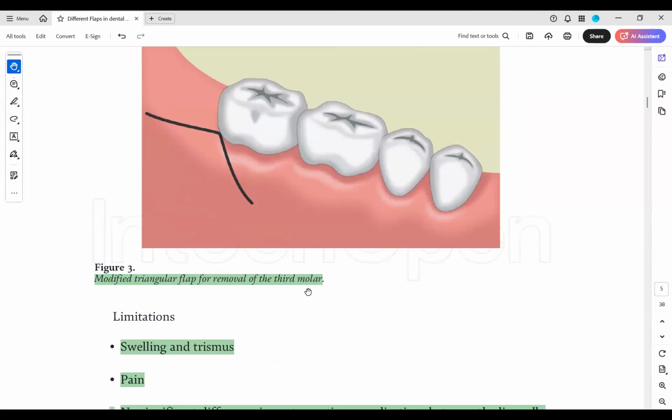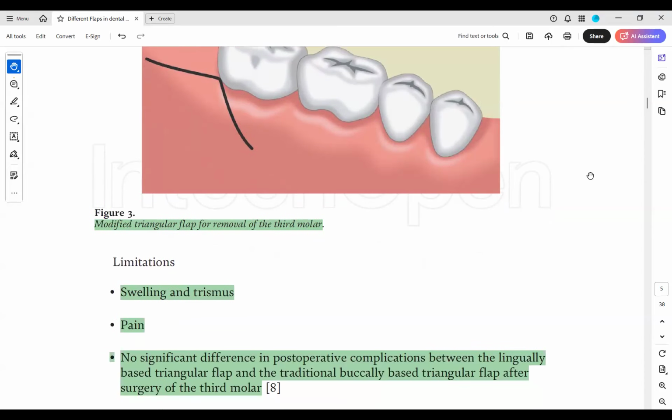So sometimes when the third molars are tilted lingually, right? When the third molars are tilted lingually, you may prefer the lingual approach for the extraction of the third molars. And then you would prefer the modified triangular flap for the third molar extraction.